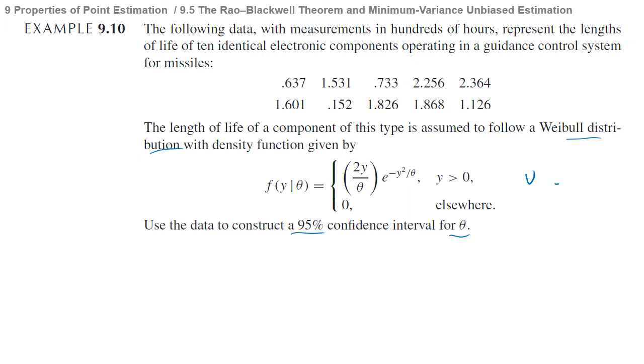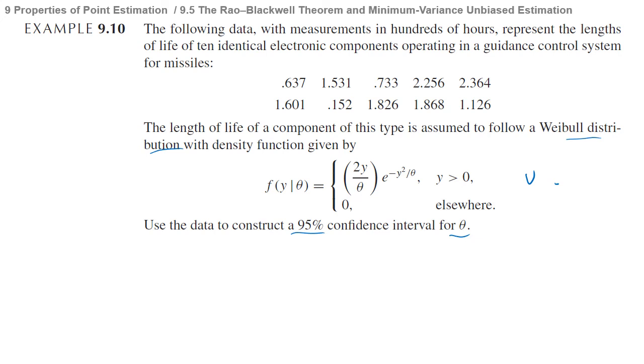And when we are calculating a confidence interval for theta, the important thing is to use the statistic that has minimum variance, so that we can construct a narrower confidence interval. Because if we use the MVUE estimate to construct the confidence interval, the variance is smaller.